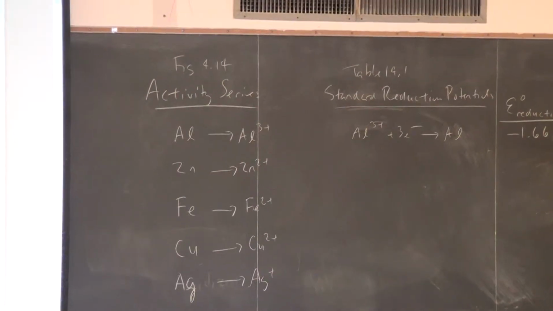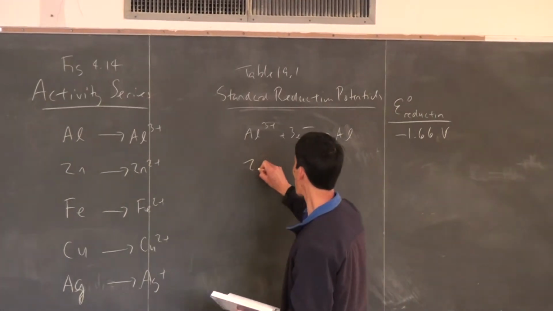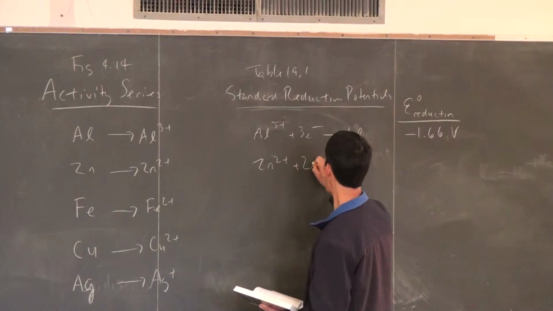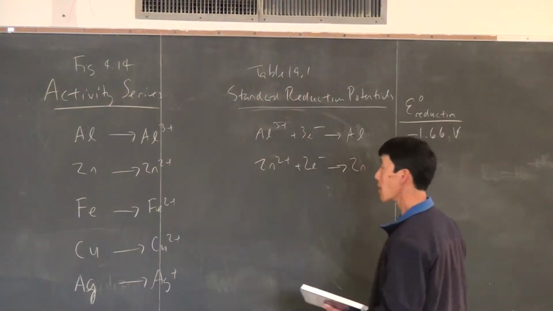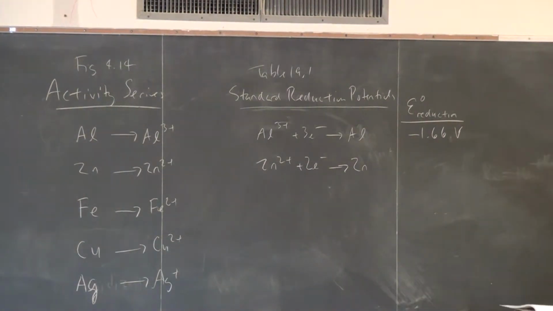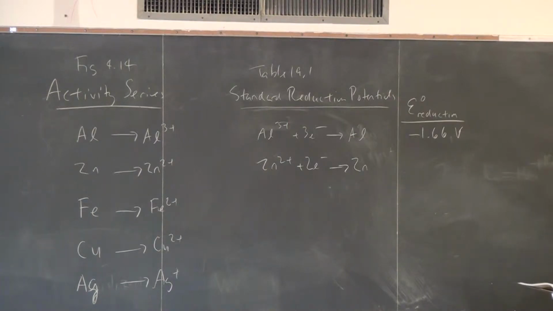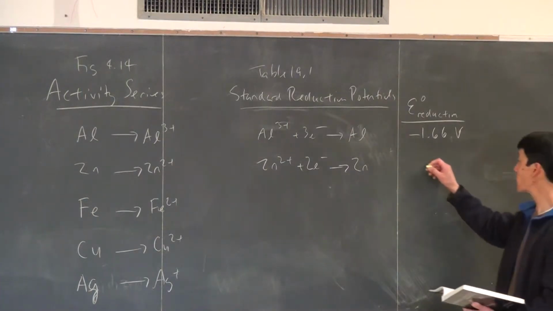volts. For zinc 2+ going to zinc, that's going to equal, let's see here, minus 0.76.